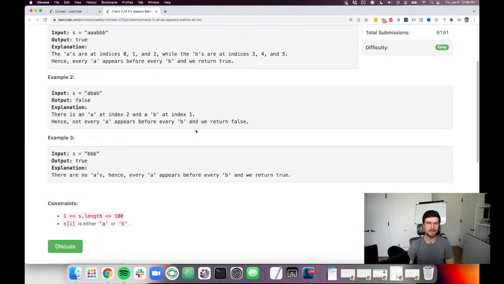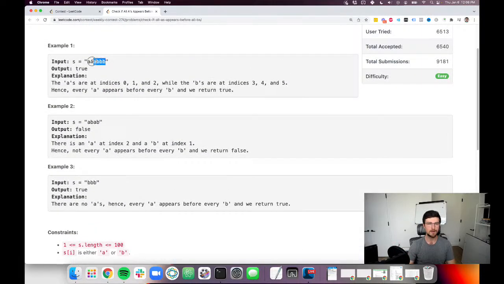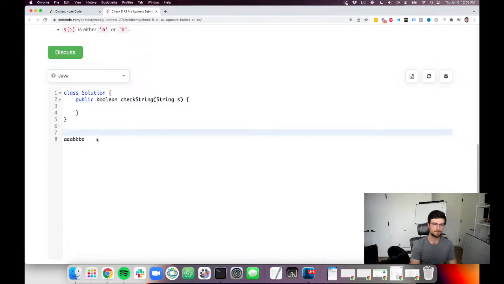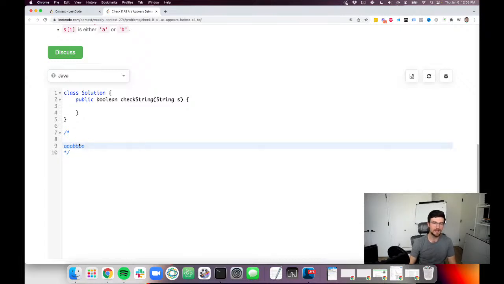If we considered a counter example here, let's say I had this string here, and I had an A at the end. Then in a case like this, let's say that we didn't look at these last two characters and we only looked at all the remaining characters in the string.